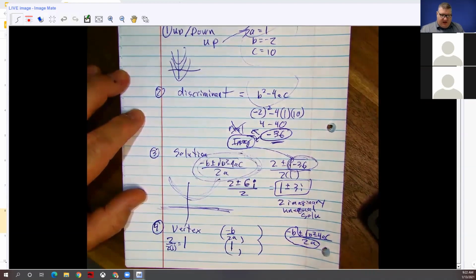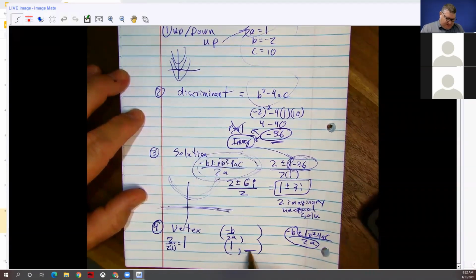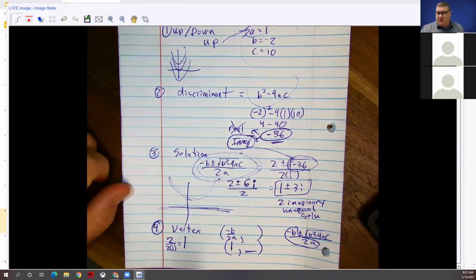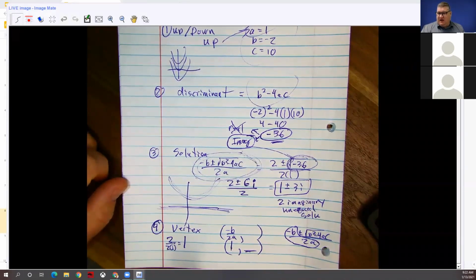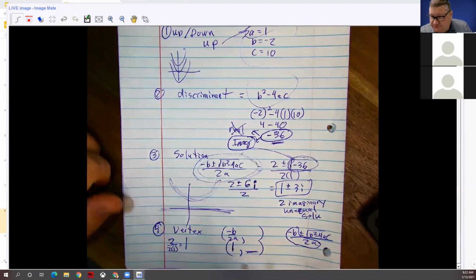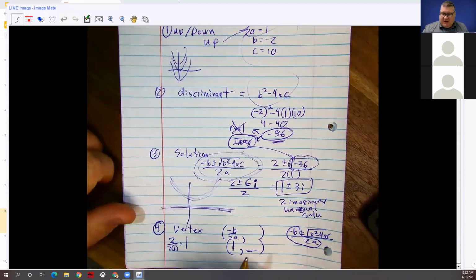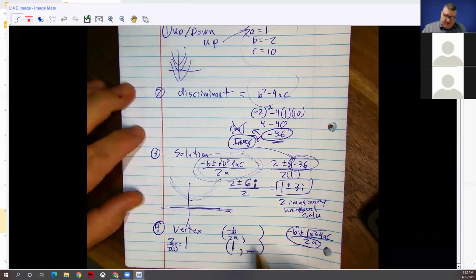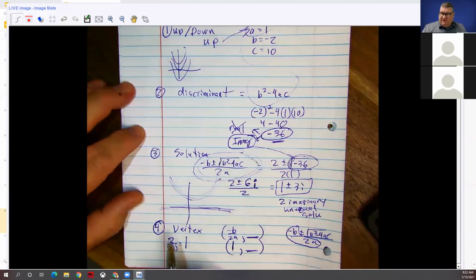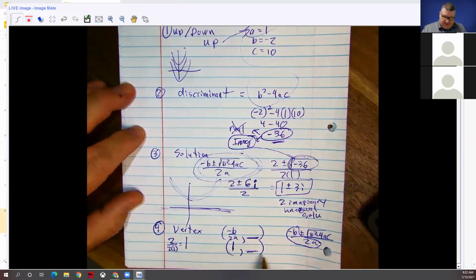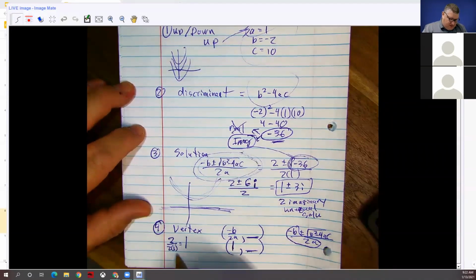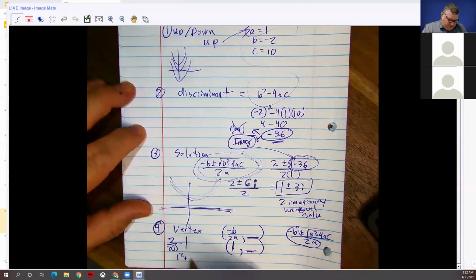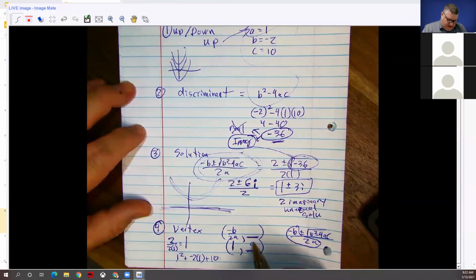How do I find the y value? Everybody's back in. If I know the x part, how do I find the y part? Plug it in, very good. So I got 1 squared plus negative 2 times 1 plus 10. That's going to be 11, take away 2 is 9.